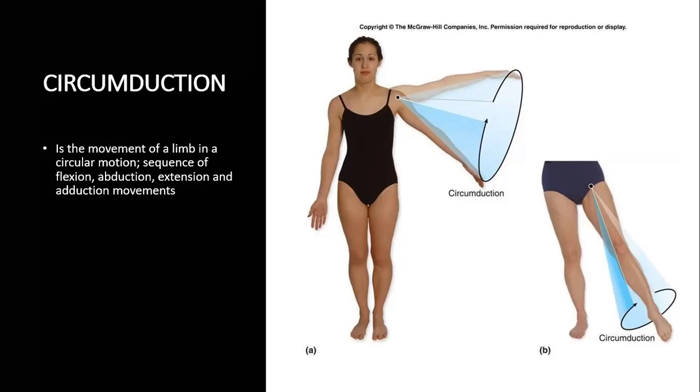You will see this mostly with patients that are having trouble ambulating. They're unable to bring their leg forward. They don't have the strength. So they'll bring it out sideways and around in a circular fashion. So you'll see circumduction usually when people are walking. Again, this is a circular movement.